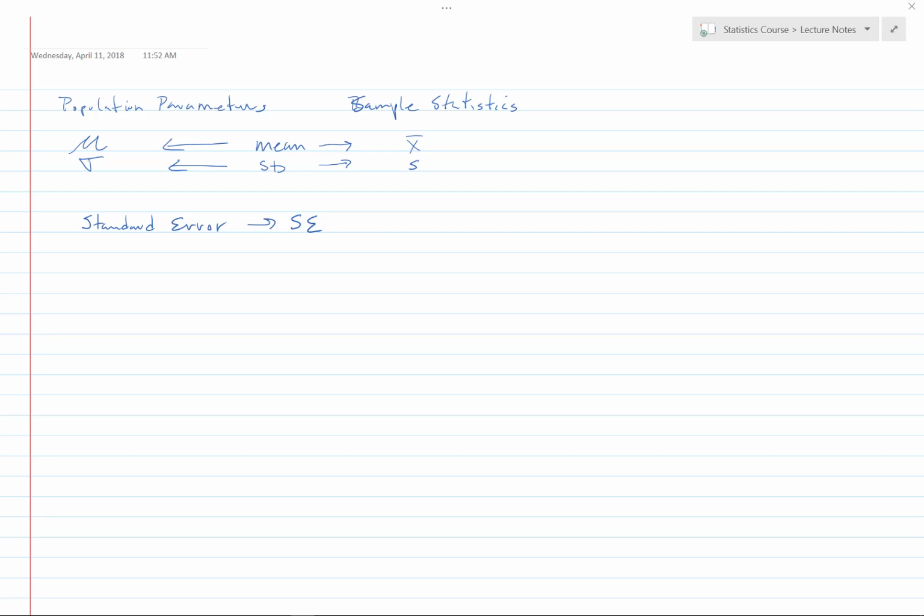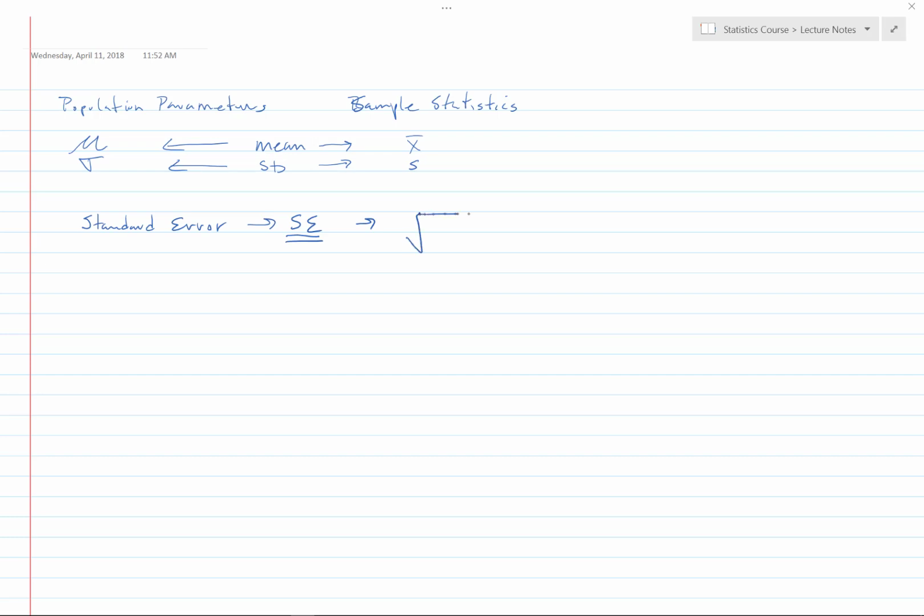And there's some nasty formulas to show you that, but we take all of those samples together and plot them. That's called a sampling distribution. It's a distribution of samples. To describe the standard deviation of such a sample, we use the term standard error. And the formula for the standard error is given by this.